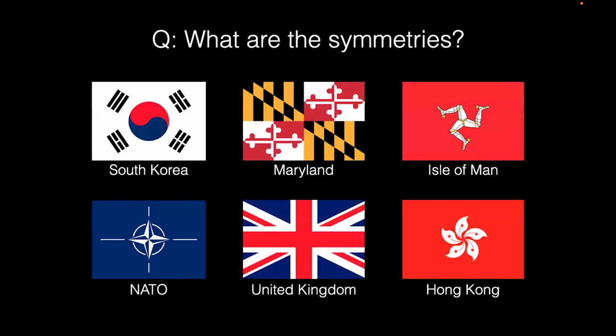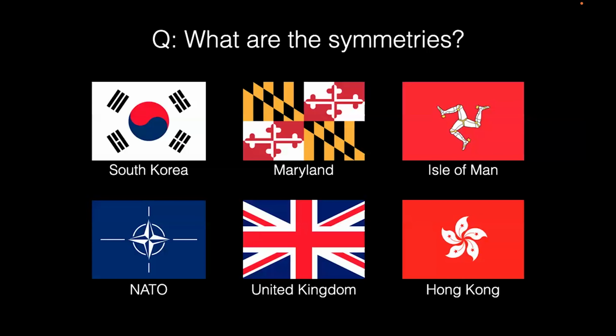This is going to come back to bite me later, but the stripe here and the stripe here are the wrong colors. So I guess we can agree that all of them have a rotation symmetry.